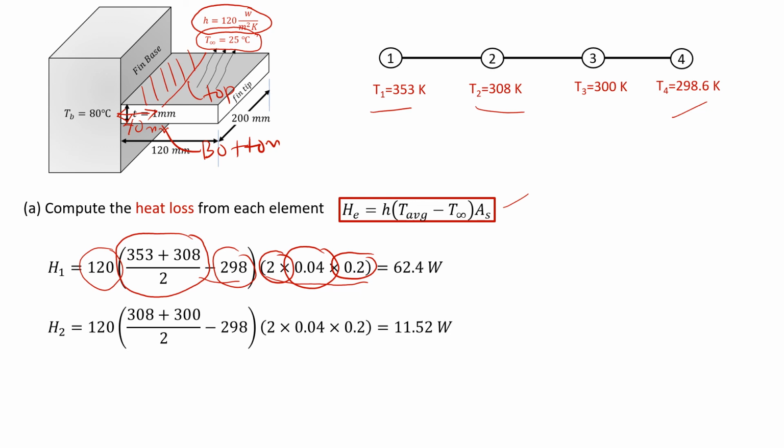For element 2, h is constant, T ambient is constant, and the surface area is also constant as we discretize the thin fin with equal length. Therefore, the surface area for element 1, element 2 and element 3 will be the same.